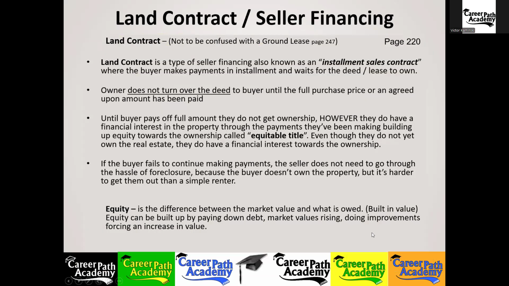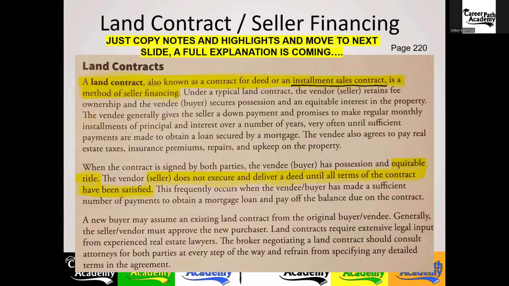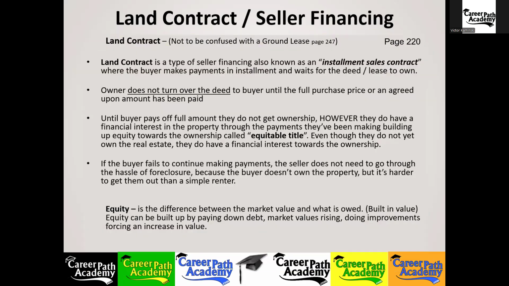And land contracts, not to be confused with a ground lease. Here's my explanation of this stuff right here, so that you could study it and know what it means. What is a land contract? Don't confuse it with a ground lease that we're going to go over in the next chapter, 12.